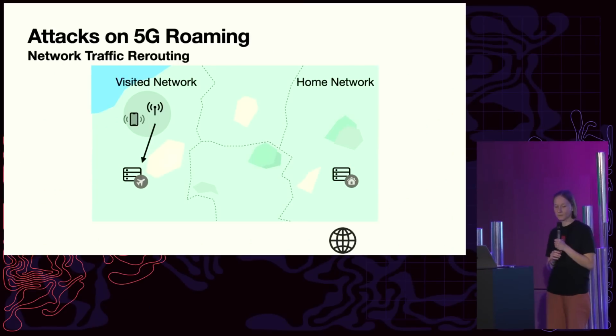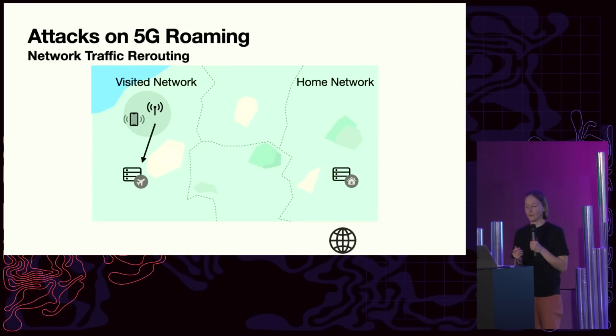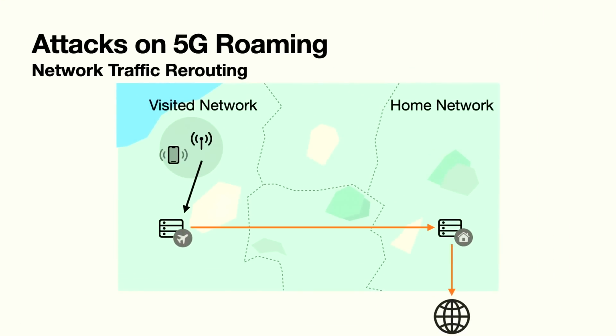Another thing which is part of the roaming system is that it is not clearly defined how the network traffic gets routed. The visited network could either route the network traffic through the home network before it gets to the internet, or it could be routed to the internet directly.